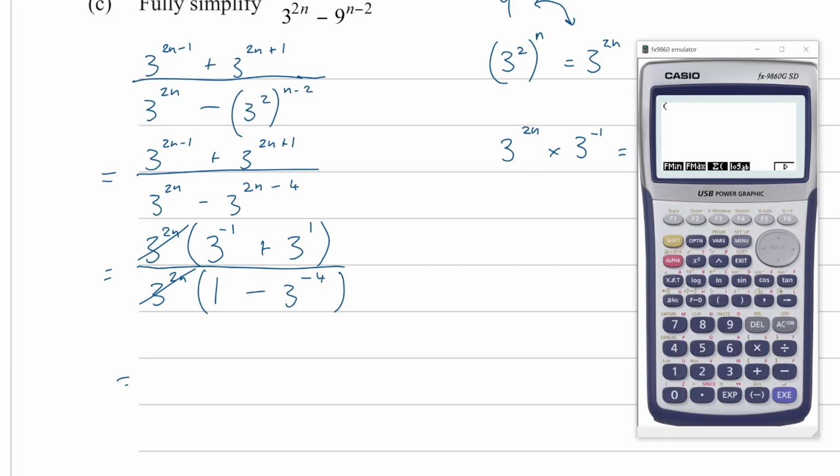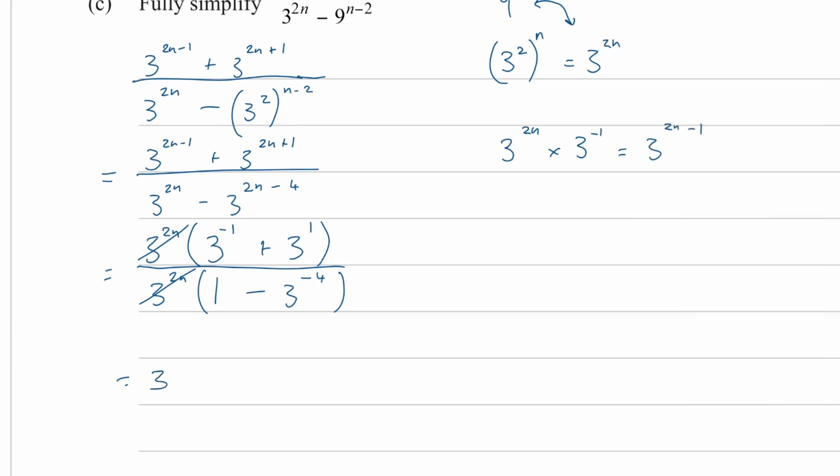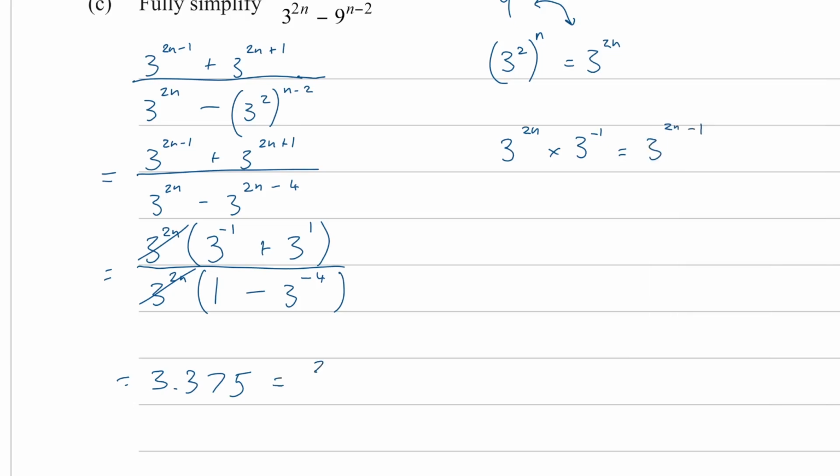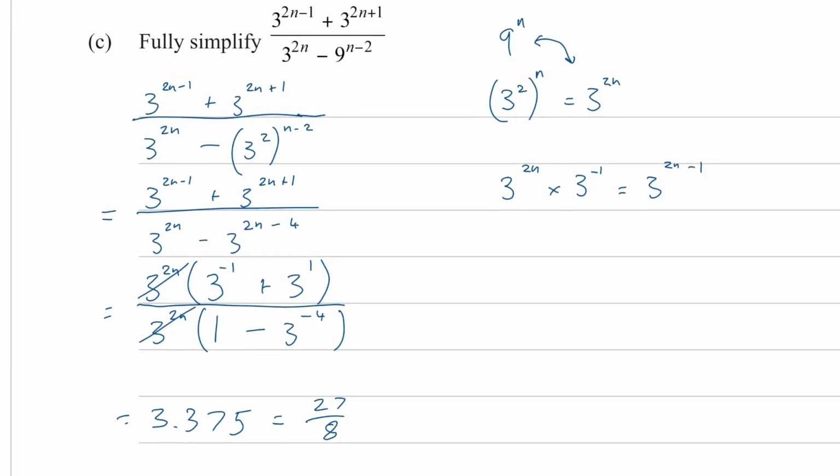So we have 3 hat, so to the power of -1, plus 3 to the power of 1, which is just 3, all divided by bracket 1 minus 3 to the power of -4, bracket, execute, which is 3.375, which as a fraction, so I just hit this button called F arrow D, it's above 8, which is 27/8. And we're done. That is a lot simpler than what we started with.